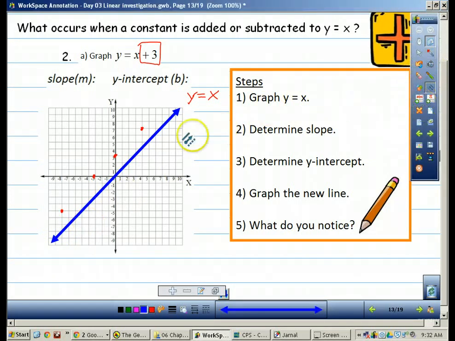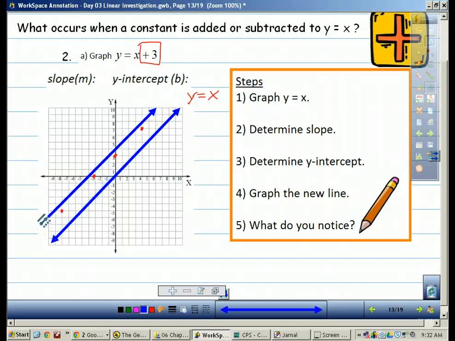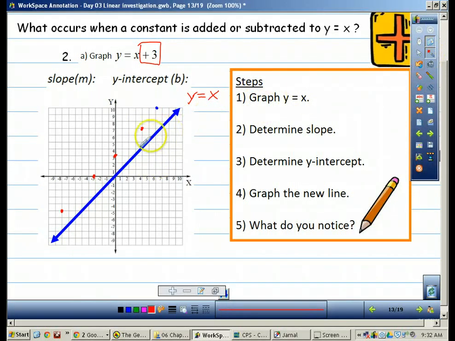Looks like we got a lot of points. A few more. There you go.